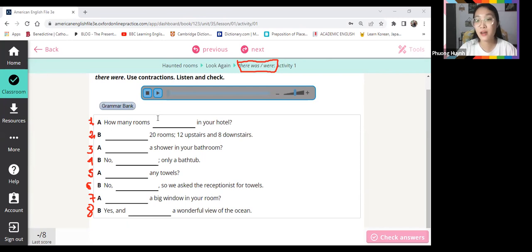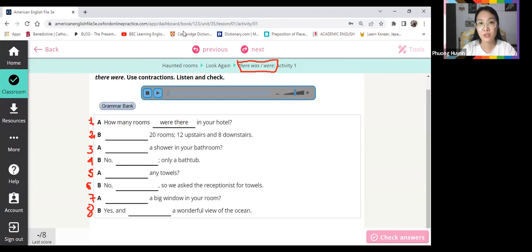How many rooms in your hotel? This is the question, right? So you say, can we say there was? Was there? This is the question. So you have to put the to be before there. So how many rooms was there in your hotel?